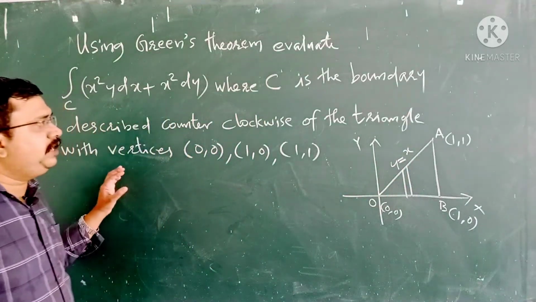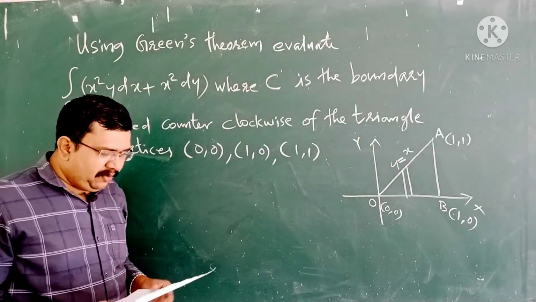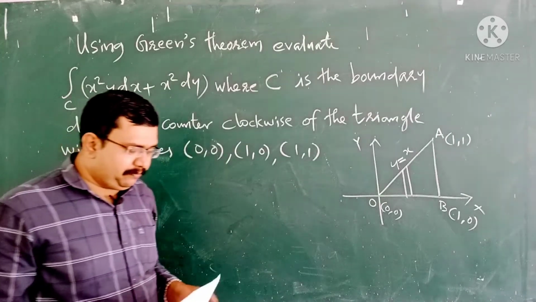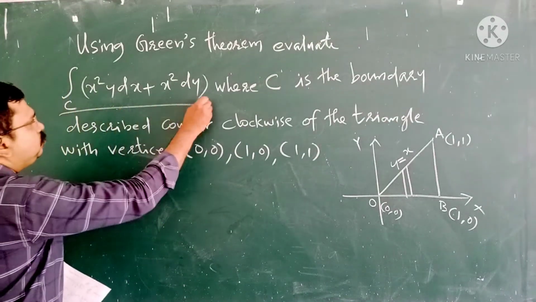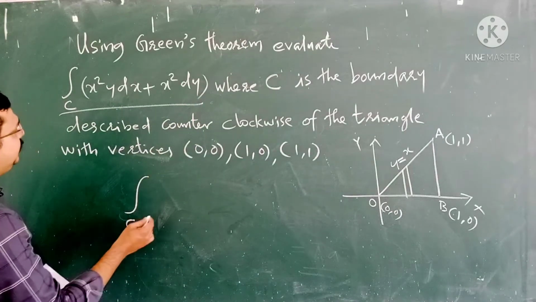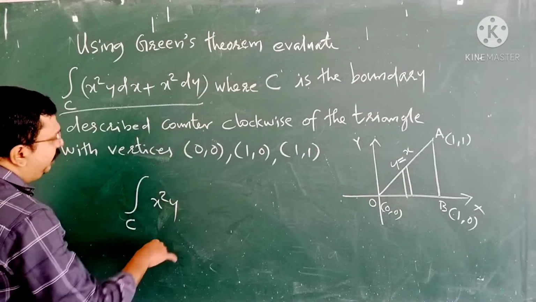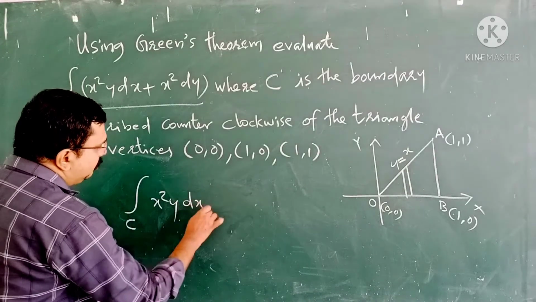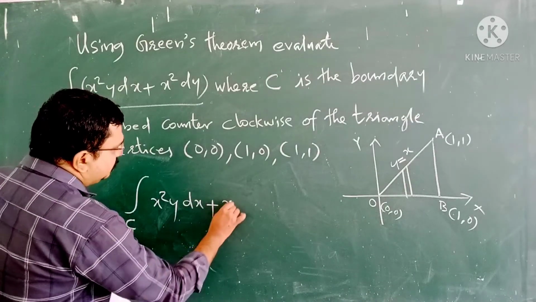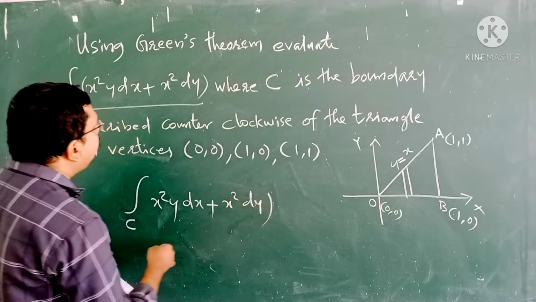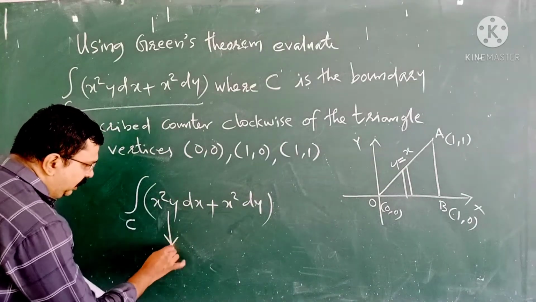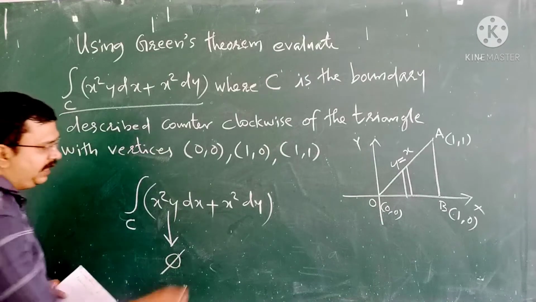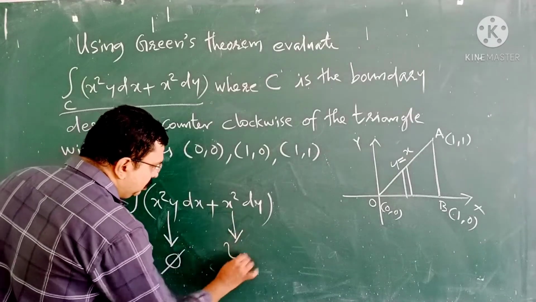Now we can do this question. Listen, we are applying Green's theorem. Here our question is the integral over C of x square y dx plus x square dy. Therefore, this quantity is our phi and this one is our psi.